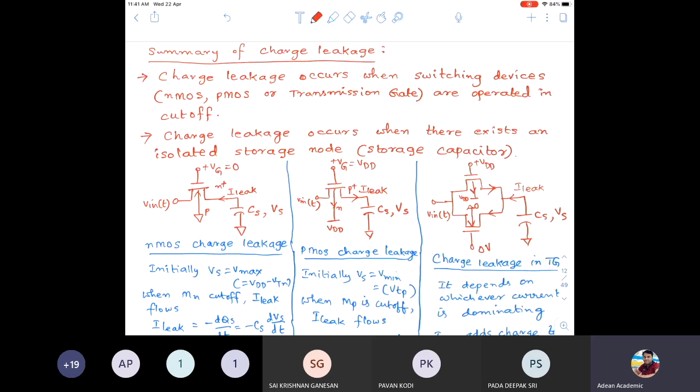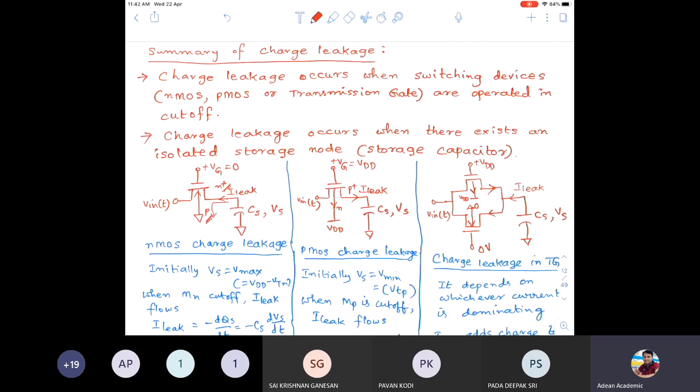The PN junction diode here is the substrate and the drain regions acting like a PN junction device. In the case of NMOS, this is P type, this is N type, so this is a junction. This leakage current flows from the capacitor to the ground through this reverse junction. That's what we call the reverse leakage current.